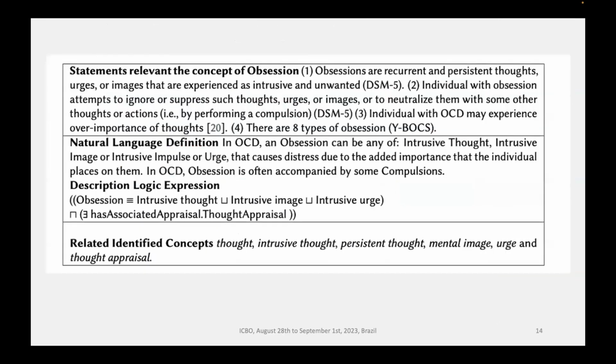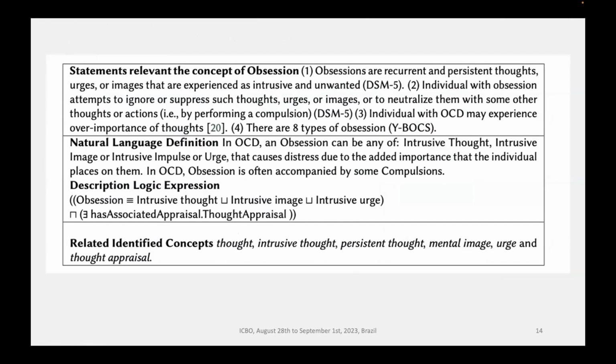And here is an example representing the first stage of the methodology, where we collect knowledge related to the concept obsession. Then we analyze the statements here, extracting the concepts. Then we provide a natural language definition for the concept obsession in the context of OCD.